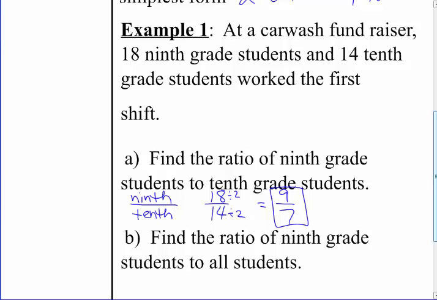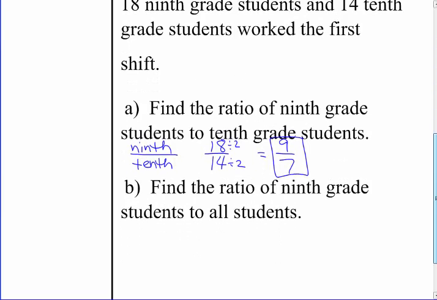Now we're going to find the ratio of 9th grade students to all students. So that would be 9th grade students compared to all students. So again, there are 18 9th grade students, and then you have to add the 2 numbers that are given to get all the students.